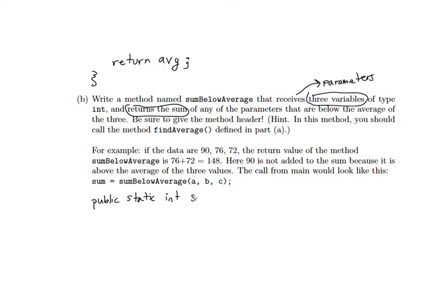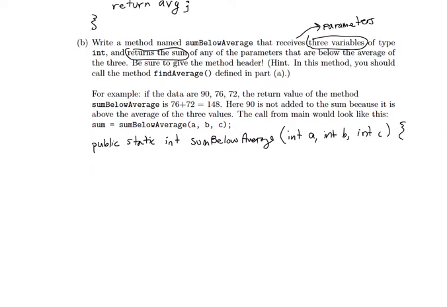Here's the name of it. And now here's my keyword receives, alerting me that I'm going to be taking 3 ints. Int A, int B, and int C. Okay. Give myself some more room to work here.